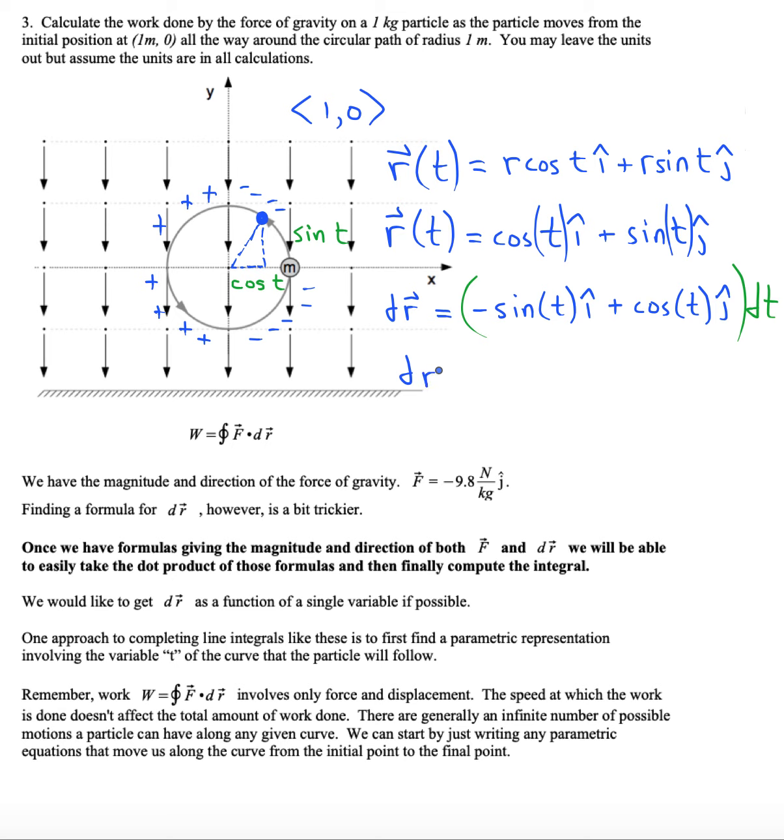If we want to put it into component form, we'll have this. All right, our force for this problem is going to be similar to before. I just noticed that it's a 1 kilogram particle this time instead of 3, so let's go with negative 9.8 j being our force.